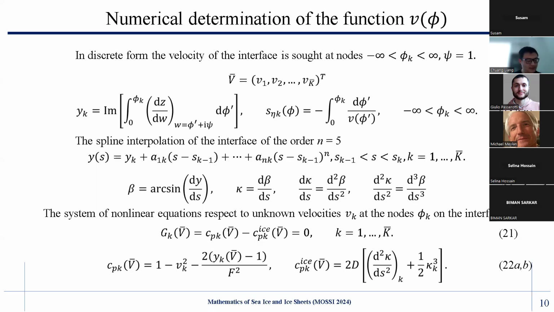Having this, we determine the pressure coefficient for the liquid using the Bernoulli equation and the pressure coefficient due to the bending of the elastic sheet. They should be the same. And equating them, we obtain a system of nonlinear equations with respect to the velocity's magnitude at the nodes.